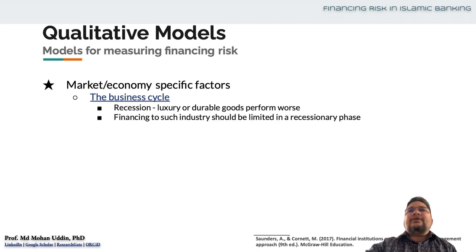I have already mentioned that different types of industry perform better or worse. For example, in case of recession, luxury or durable goods perform worse. So you have to be careful in funding a customer who does business with luxury goods when the upcoming economic cycle is basically recession.